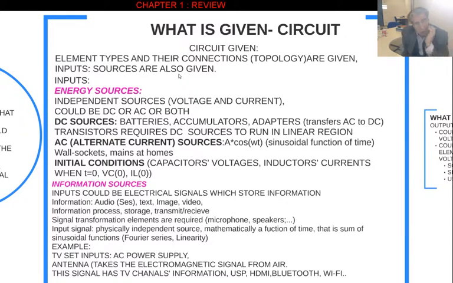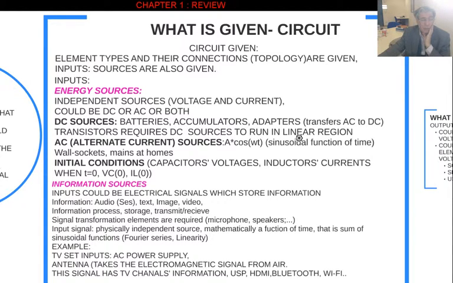For DC sources, we can give you some examples from practice: batteries, accumulators, adapters which transfer AC to DC. These are all DC sources. It says here a transistor requires DC sources to run in the linear region.